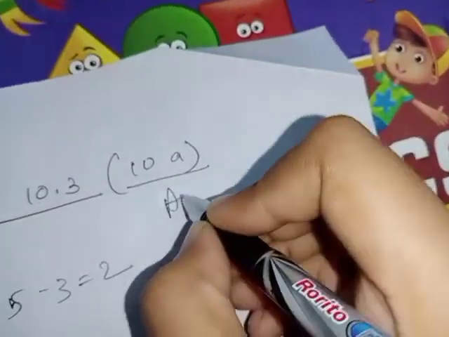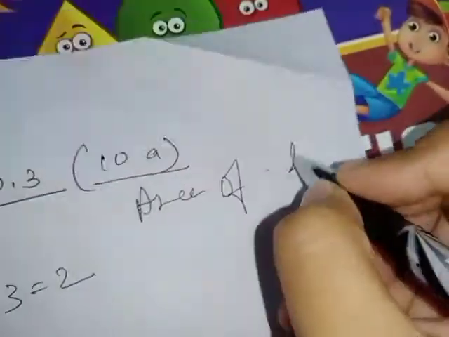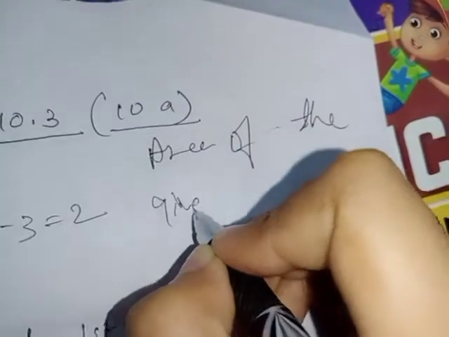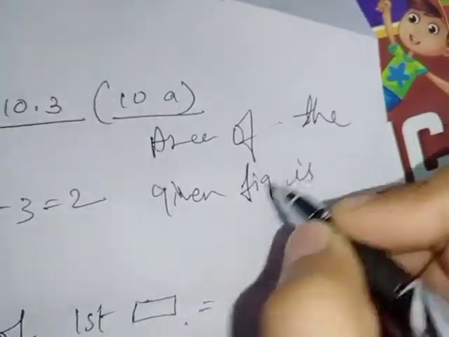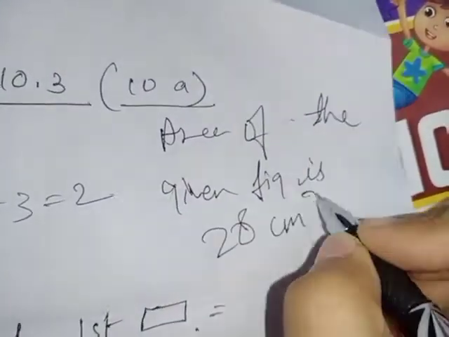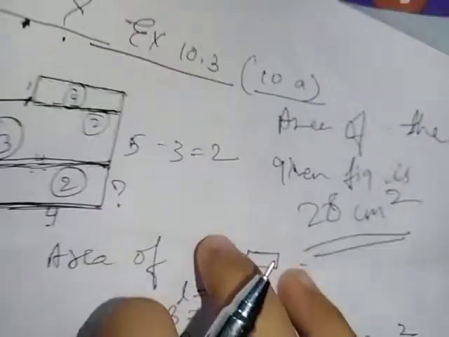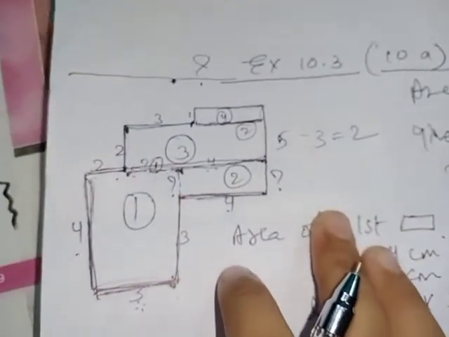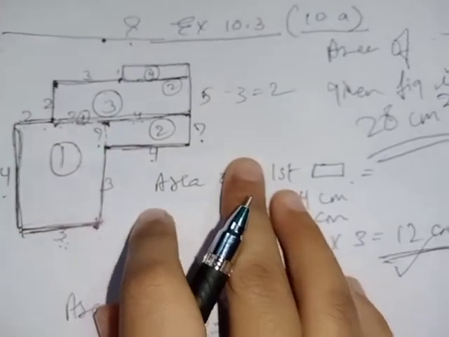We will write area of the given figure is 28 centimeter square. That's how we will find the area by splitting the figure into rectangles.